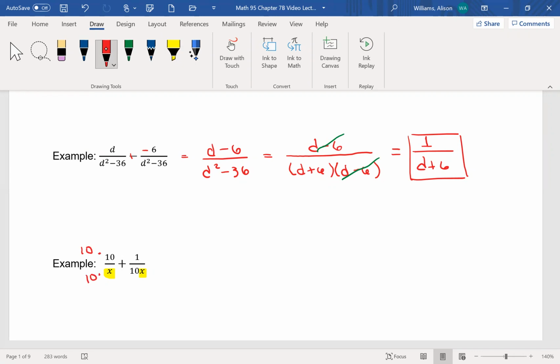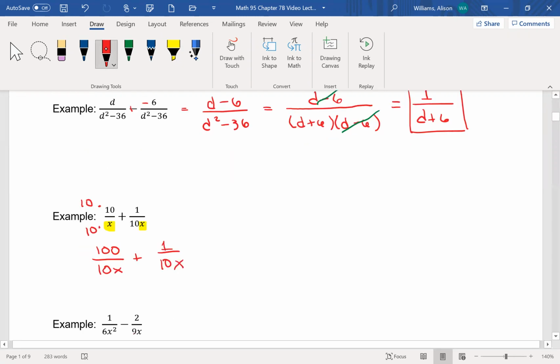What that's going to become is 100 over 10x plus the other fraction, 1 over 10x. Okay, so now we have a common denominator. So I'm going to add, and that's going to be 101 over 10x. And that doesn't reduce. So there we go. That's my answer.